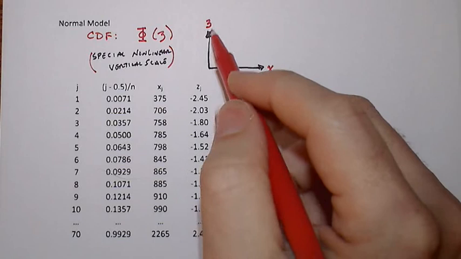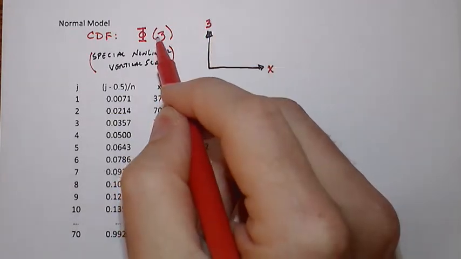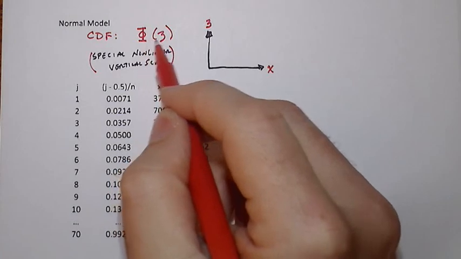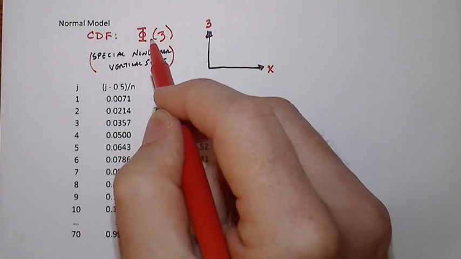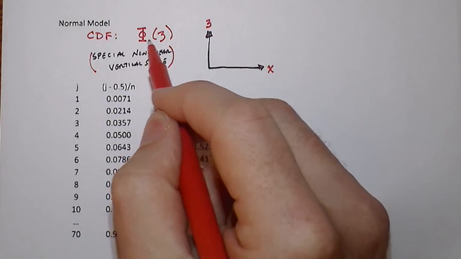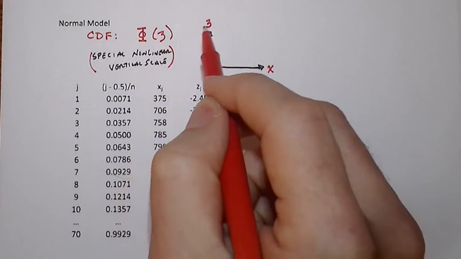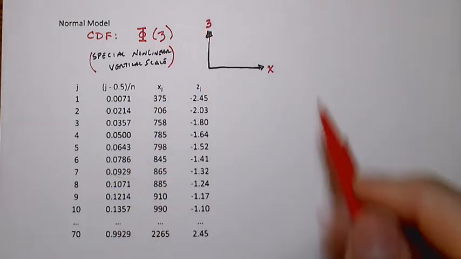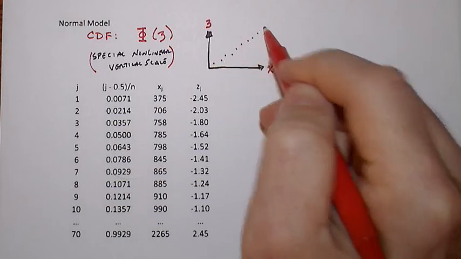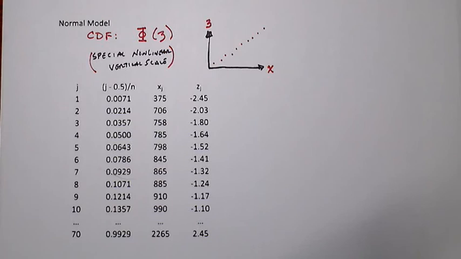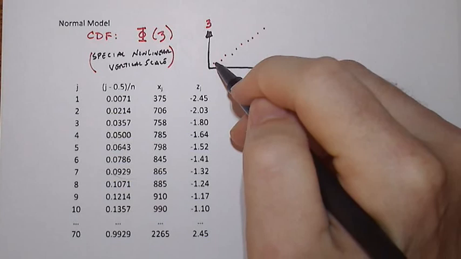Right? And the reason why this works is that z through our table has, for every unique z value, a unique value for the CDF. Right? So plotting z is just a special transformation over here, and we can do this on an arithmetic scale, and if we end up with data that falls roughly in a straight line, then we say, hey, look, this is about a normally distributed random variable.